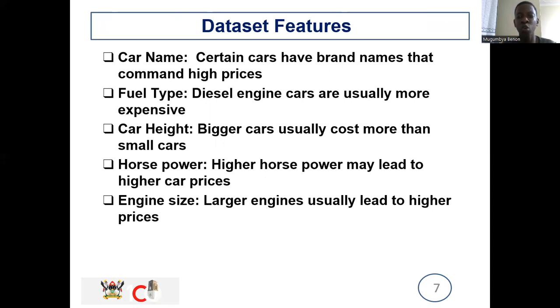And because of the more mechanics involved in the development of the car, a large engine size will eventually lead to more costs in building the car, which in turn leads to a higher cost for the sale of the car. So you need your AI model to consider all these factors in learning how to predict the price. Of course, these are some of the few attributes or features within my data set.